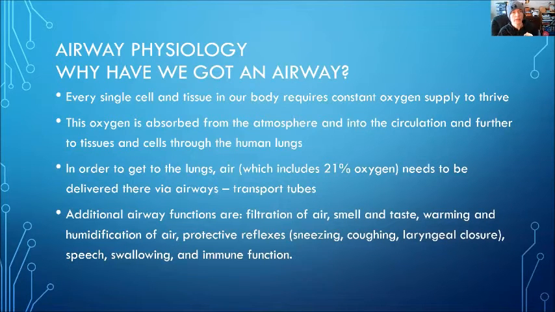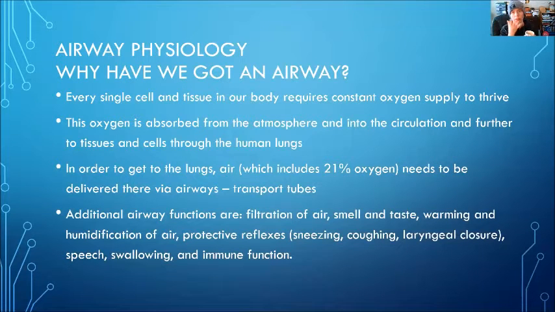And that's where the airway comes in. The airway is the system that allows us to move the oxygen from all around us into our body and into our circulation, or our blood, and it can then be distributed to all the parts and all the cells of our body.